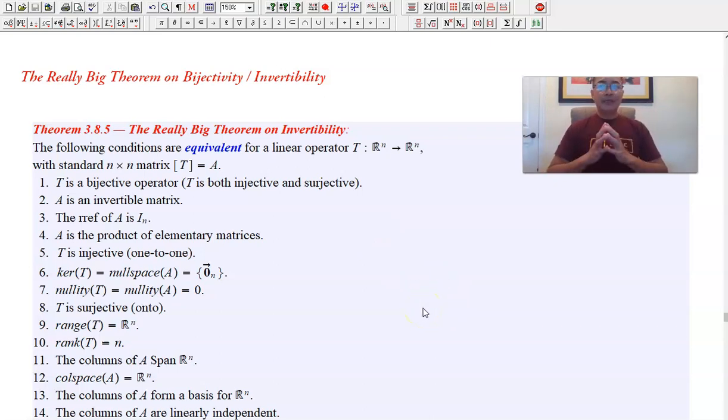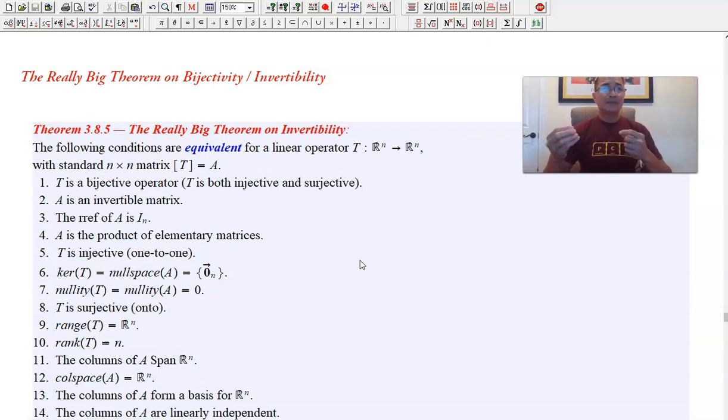Okay, so the really big theorem on invertibility and bijectivity says that the following 25 conditions on an operator T from Rn to Rn, and its standard matrix, the matrix of T, we'll call it A, which is an n by n matrix, are all true for that matrix, for that operator, or they are all false.